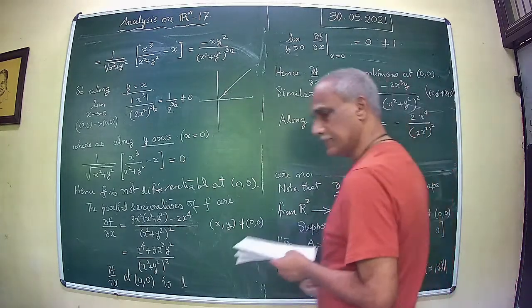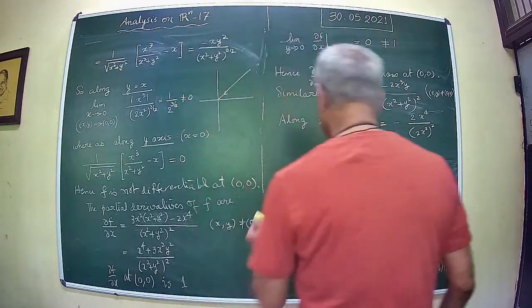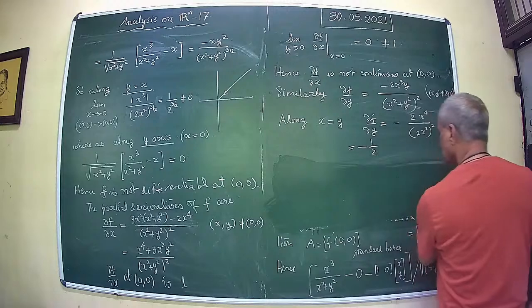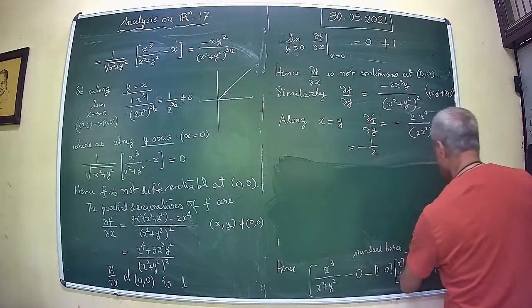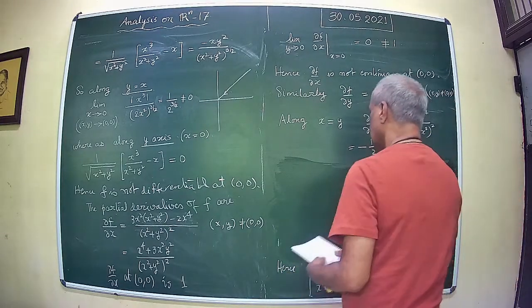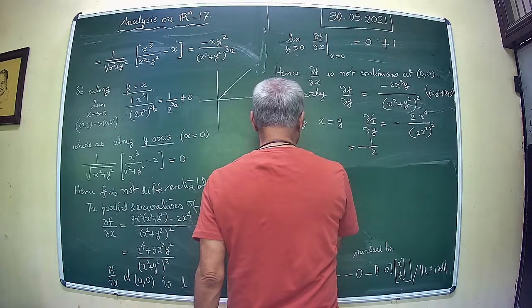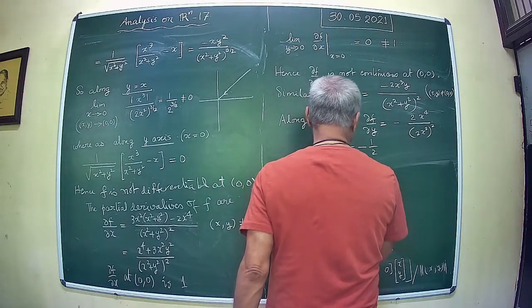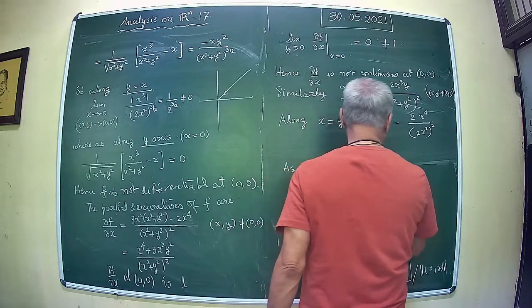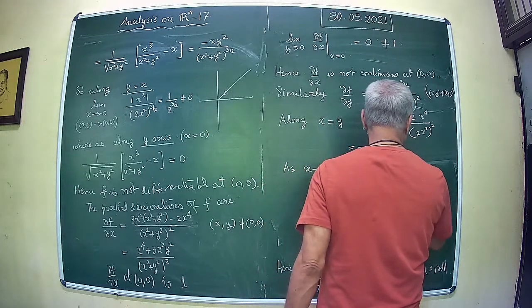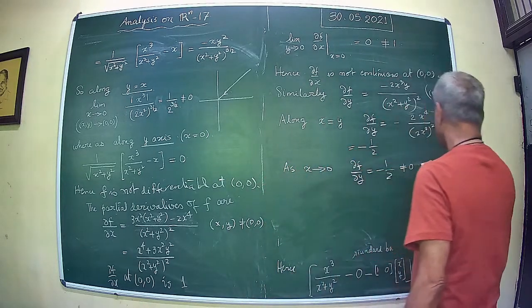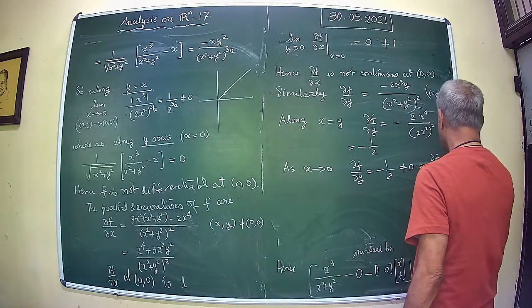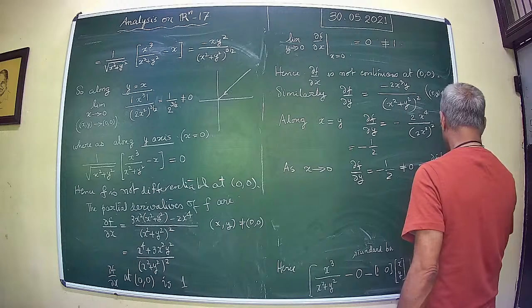So now let x tend to 0. This is what we have seen as df by dy at 0.